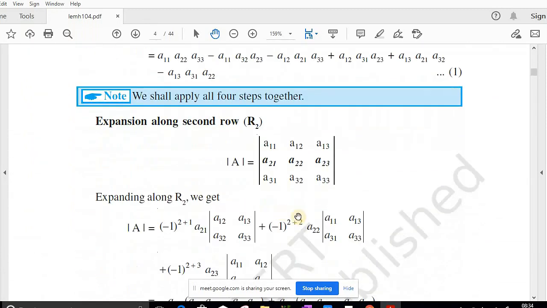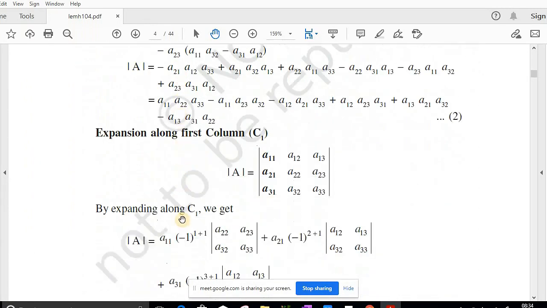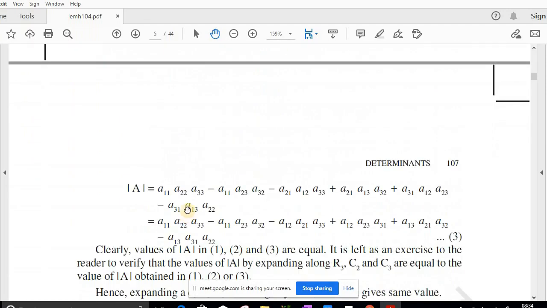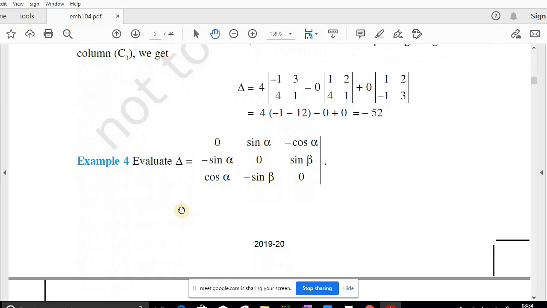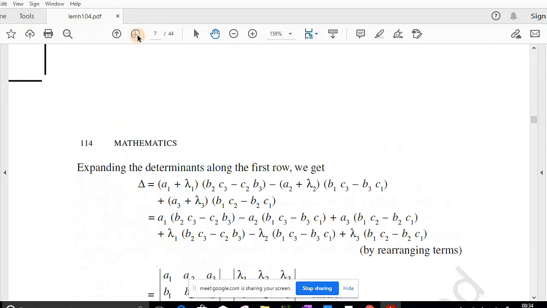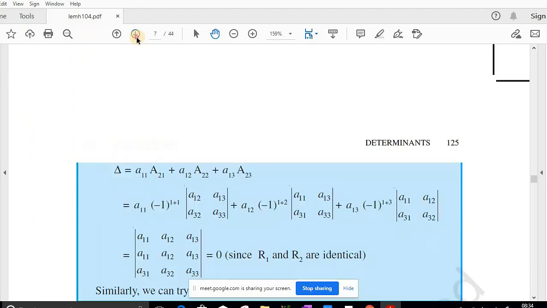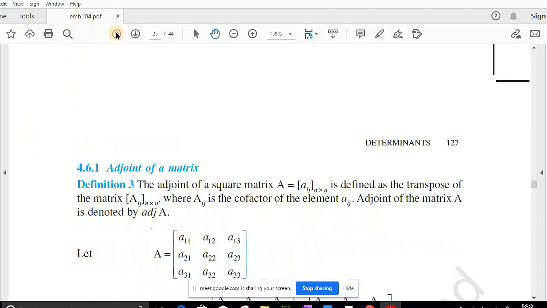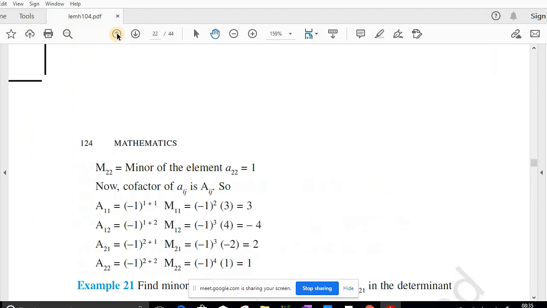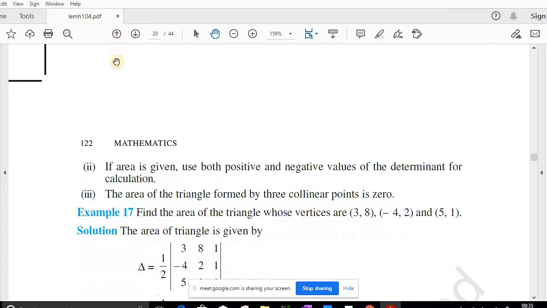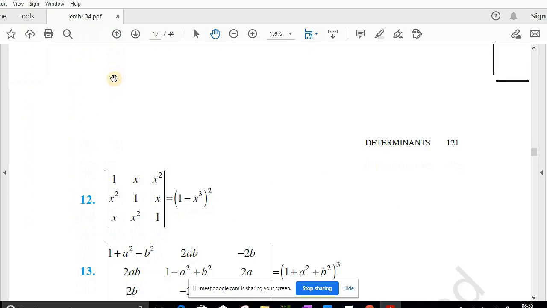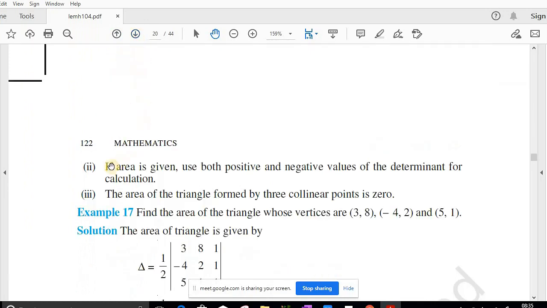Similarly we expand along R2, R3, C1, C2, C3, and you try to see that whichever way you expand, you will get the same answer. That is what a determinant is, and there are properties of determinants and all these things which we can do later on, or you can just practice yourself and clear any doubts if you have.